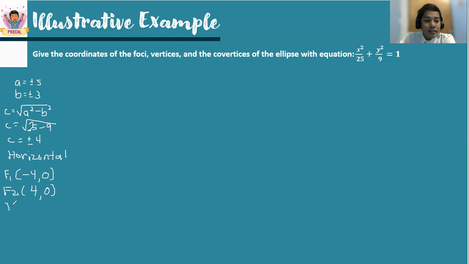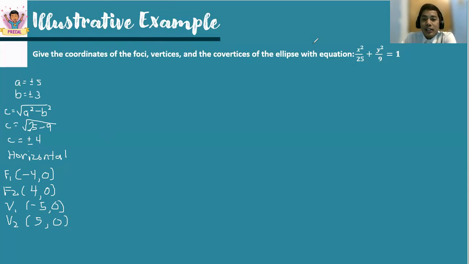For v sub 1, you get the value of a, so that is -5, 0. And your other vertex is 5, 0. So that is how easy it is. And remember, the co-vertices are non-collinear with the foci.